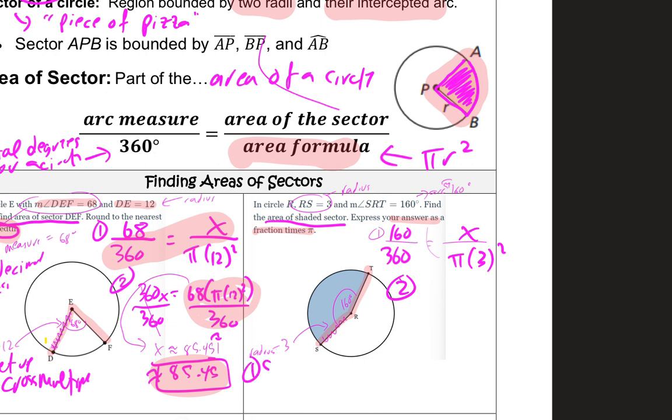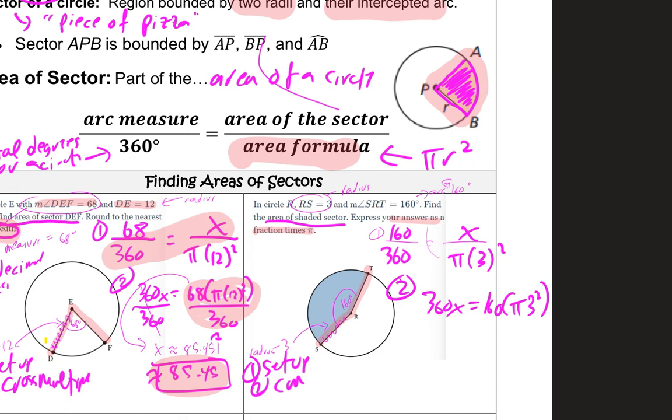All right, so first is set up, second is to cross multiply. And we're going to say 360 times x equals 160 times pi times 3 squared.